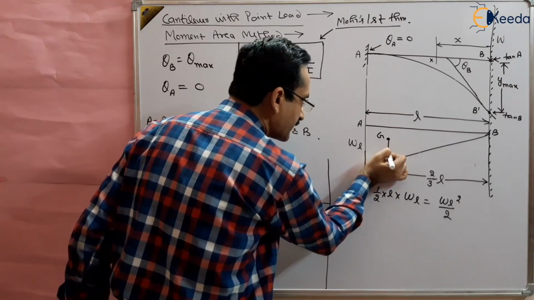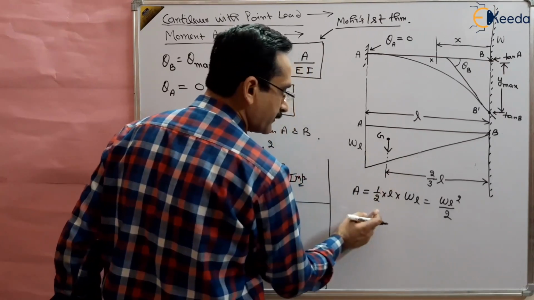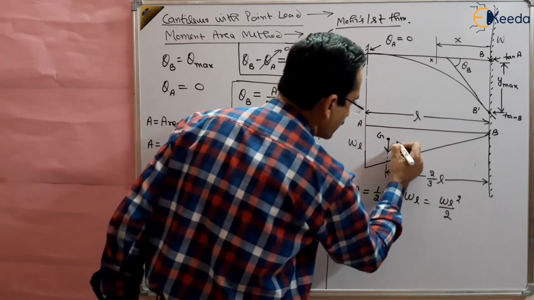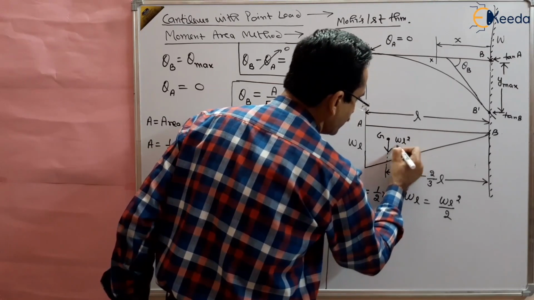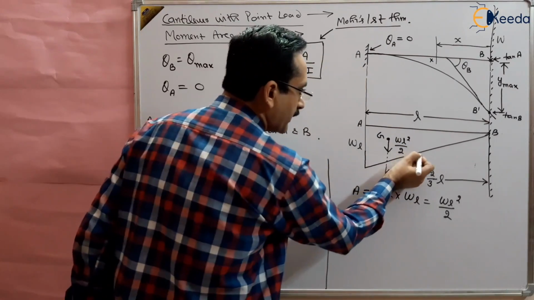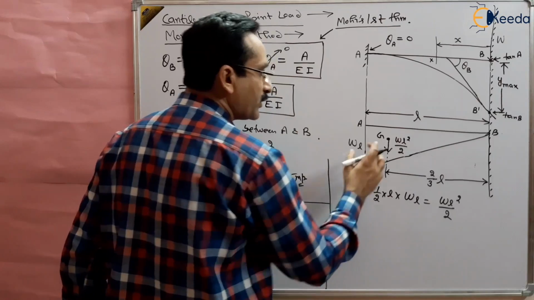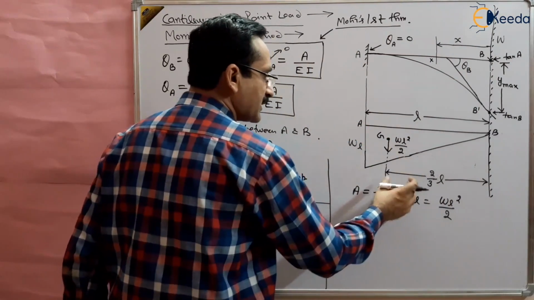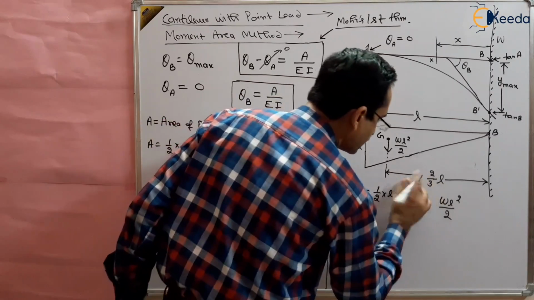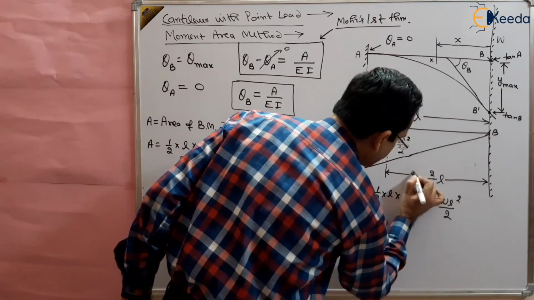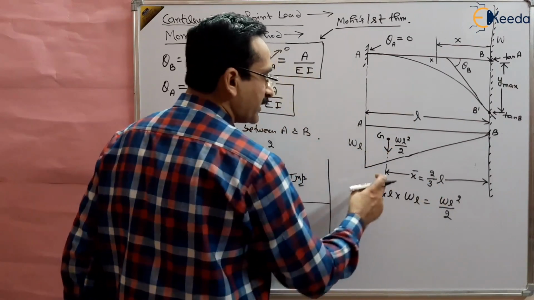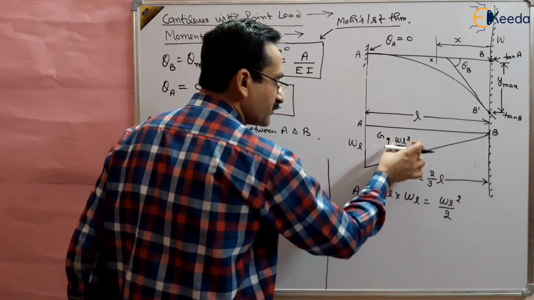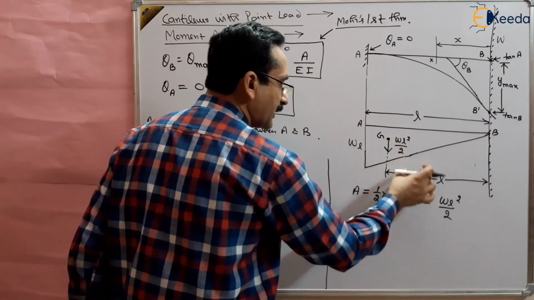We have to take the moment of this area about the reference line. Suppose this distance is called x bar, right? So the moment of area will be the total area multiplied by x bar.